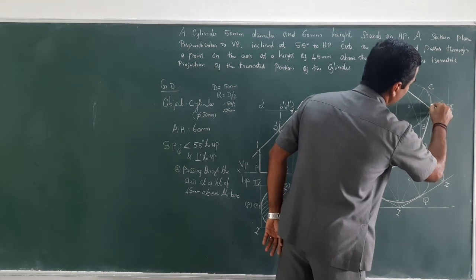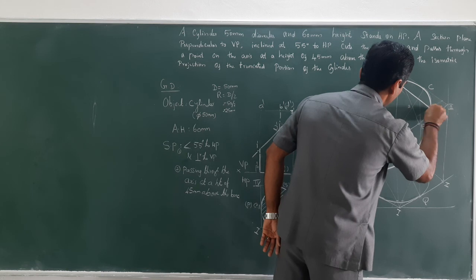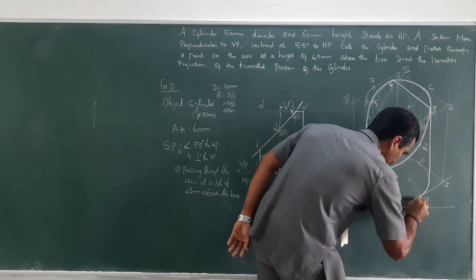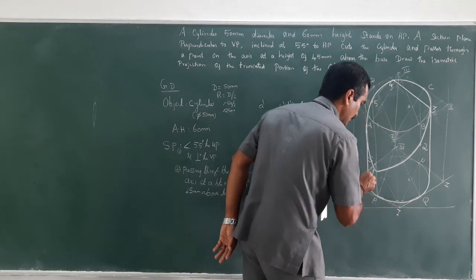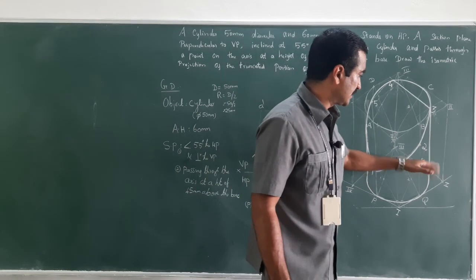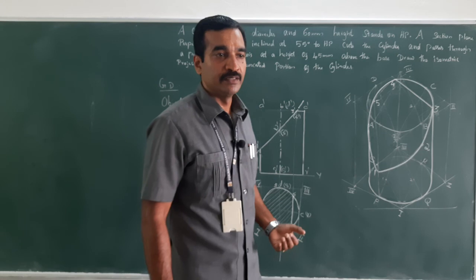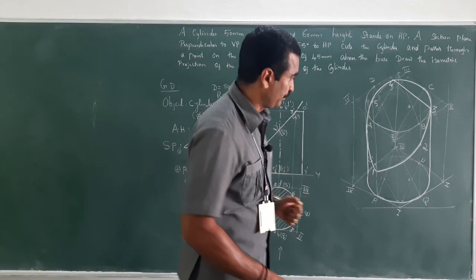So connect from here. Draw the periphery. Right. So rest everything is invisible. Invisible edges need not be mentioned here.